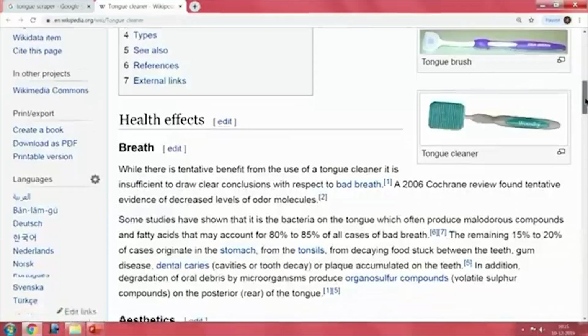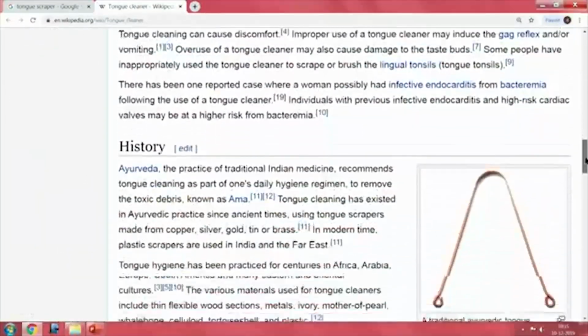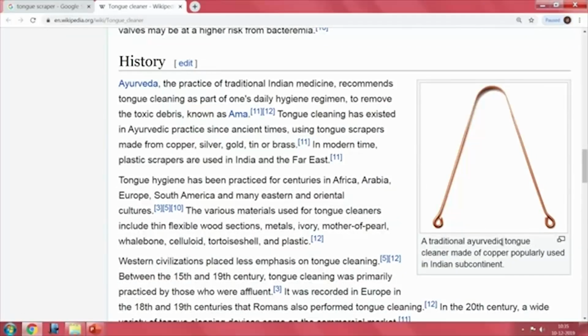Some of the slightly more expensive toothbrushes already have something built on the other side of the brush head, a small variant of it. It has been there forever as long as I can remember. Traditional, we call it Ayurvedic tongue cleaner made of copper, popularly used in the Indian subcontinent.